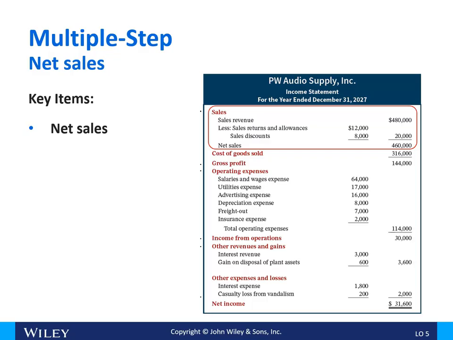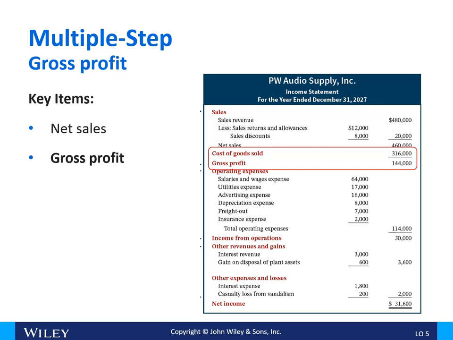Remember those are contra accounts, so they reduce our sales revenue to get to net sales. Next is gross profit. So we're going to show our cost of goods sold. We take our net sales minus our cost of goods sold to get gross profit. That's a new subtotal on the multi-step income statement that we hadn't seen before.